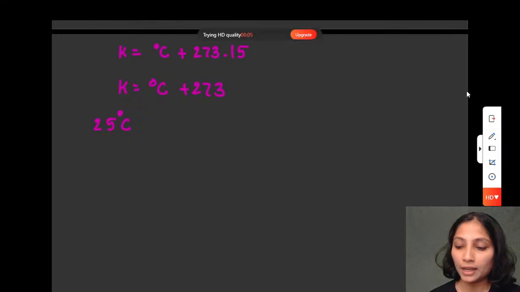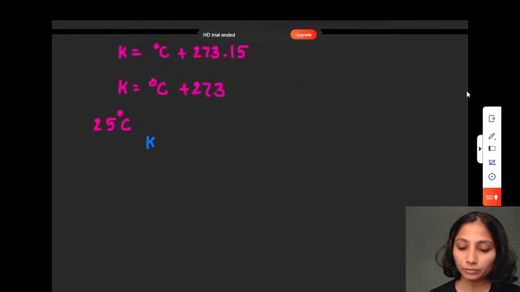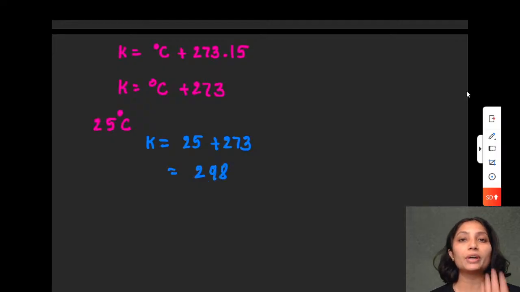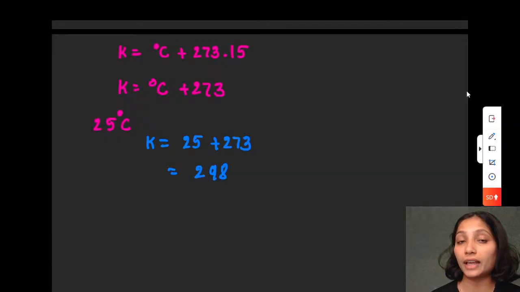We know the formula: Kelvin is equal to degree Celsius, that is 25 degrees Celsius plus 273. So what is your answer? 298.